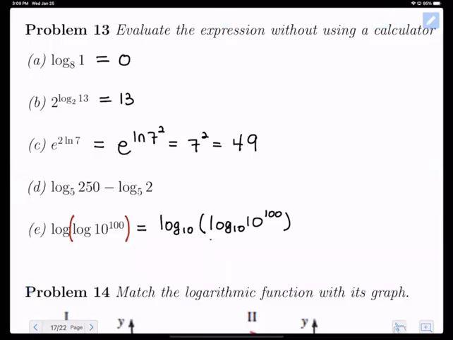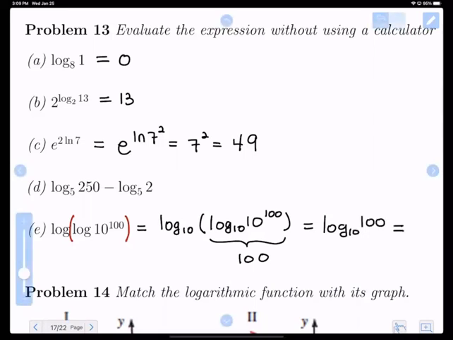All right, let's look at this one. What is this? 100. Okay, this is 100. That is log base 10 of 100. What is this one?